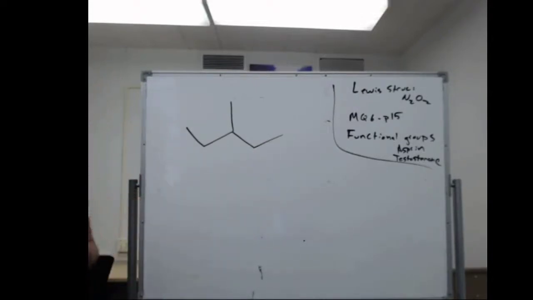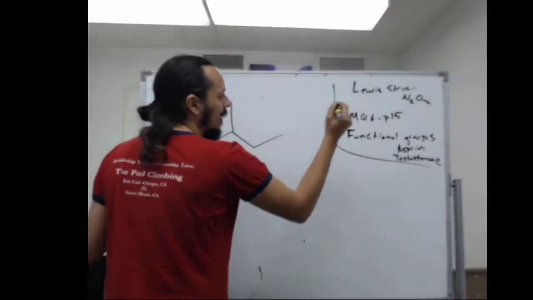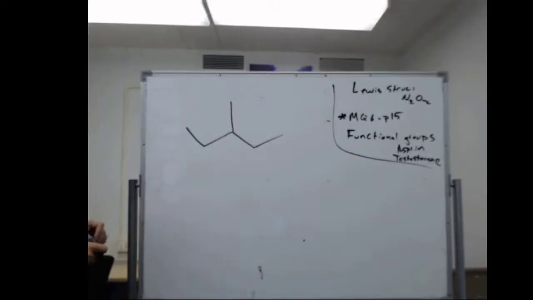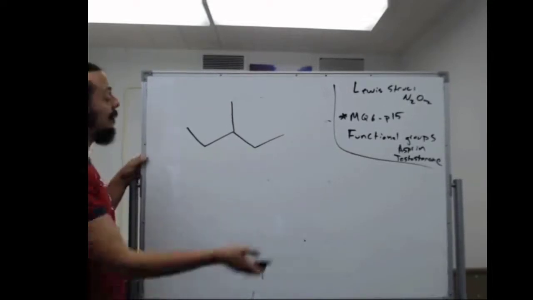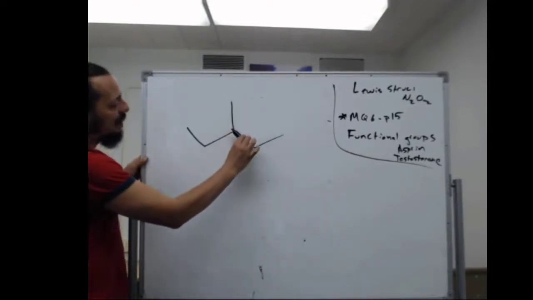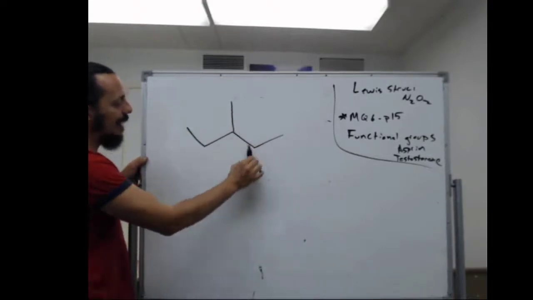It's really because chemists love shortcuts. Again, if you watch video 5, I talk about some of this. But every place where a line ends is a carbon, unless we write something else.